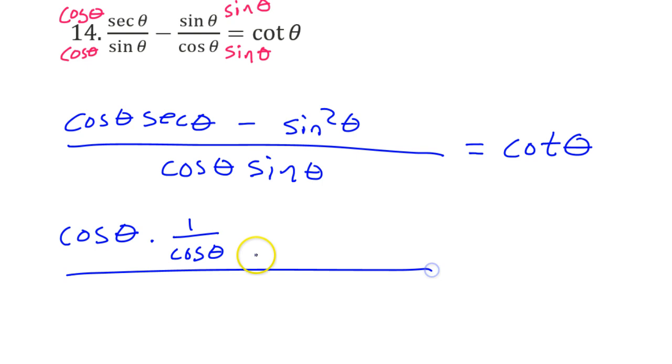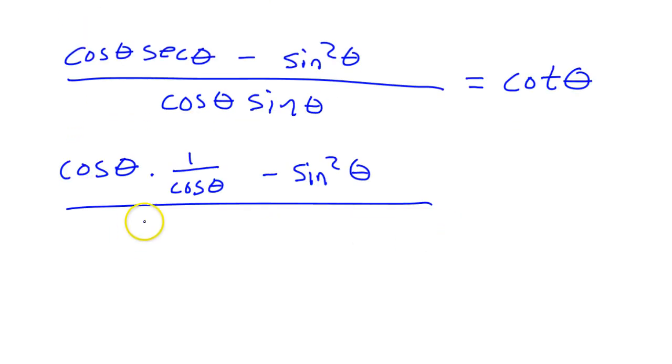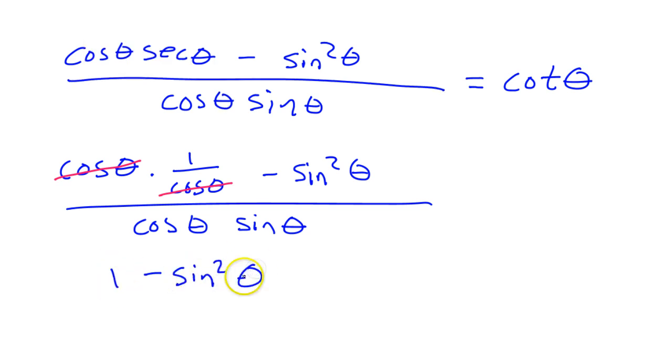And then I've got the rest of it. But these cosine thetas are going to cancel each other out and just leave 1 minus sine squared theta. So that's what I have in the numerator now, 1 minus sine squared theta over cosine theta sine theta.